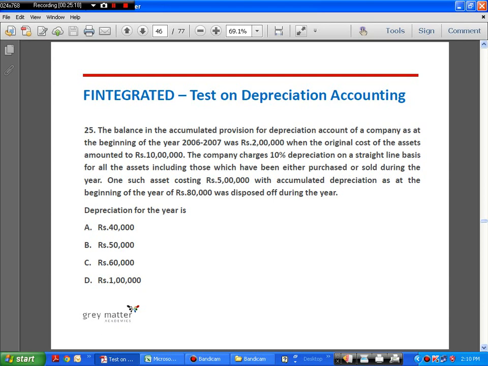Opening gross block, that is at the beginning of the year, the original cost of the assets that the company had is rupees 10 lakhs, and the company has a policy of charging 10% depreciation on a straight line basis.